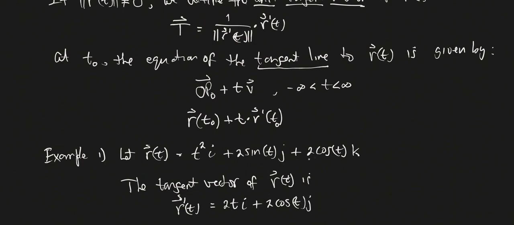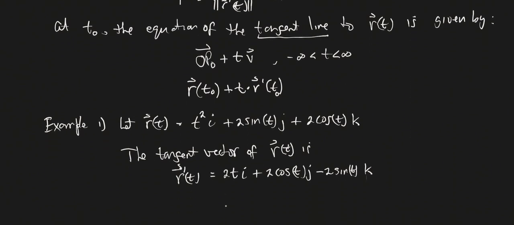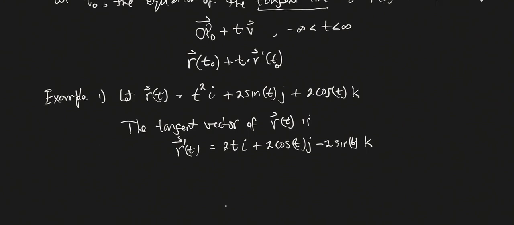And then the derivative of the third component is going to be minus 2 sine of t k, right? So that's the tangent vector, just the derivative. And these are all functions, right? I haven't plugged in any points or anything.